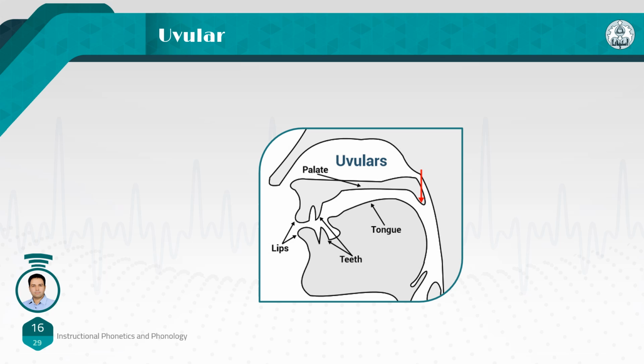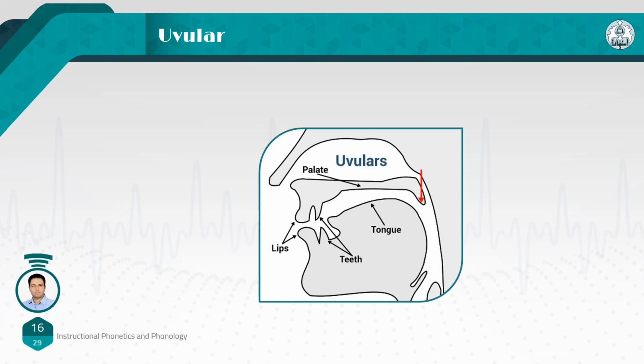Try to pronounce them one after the other: g, r, g, r. So again, the back of the tongue is used to reach that area.